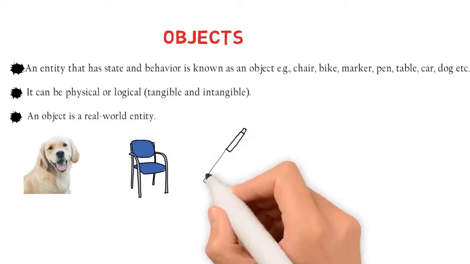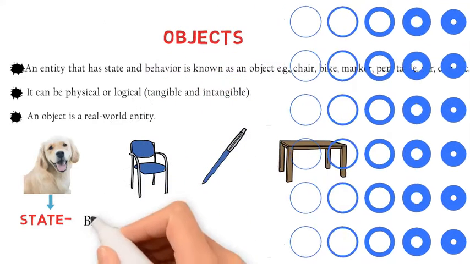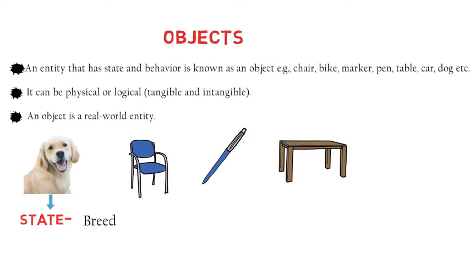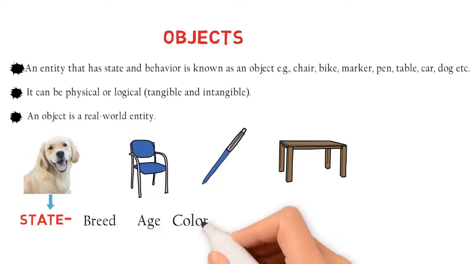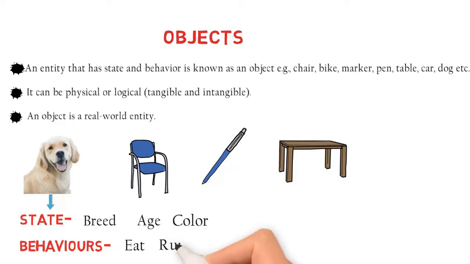Persons, dogs, any living thing, or any chair, bike, marker, these are physical or logical objects. Physical objects are the objects which we can touch, and logical objects are the objects which we cannot touch. Tangible and intangible, we can say.